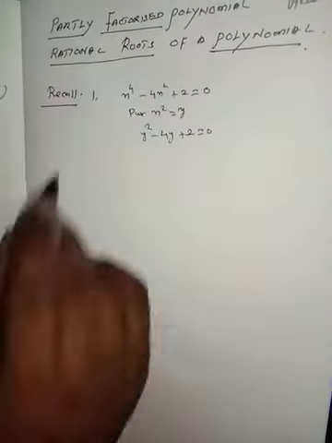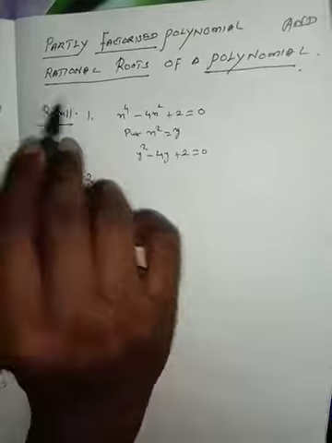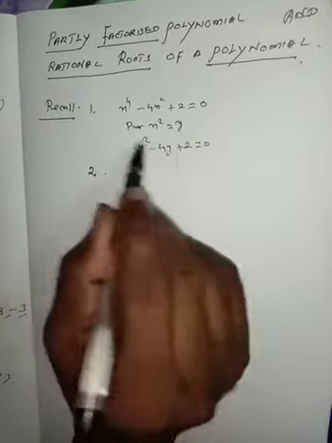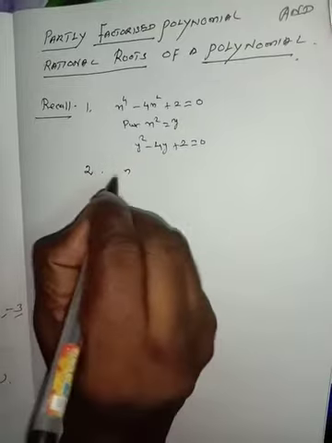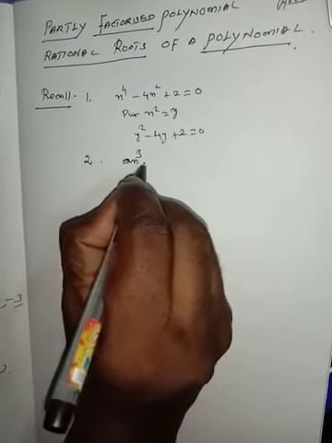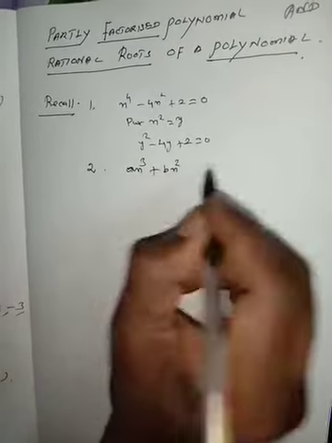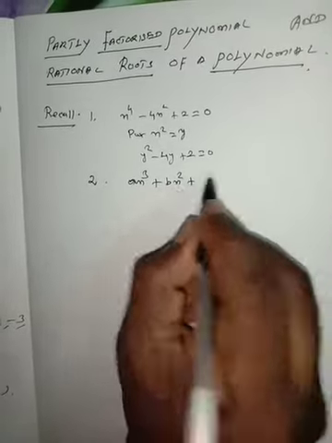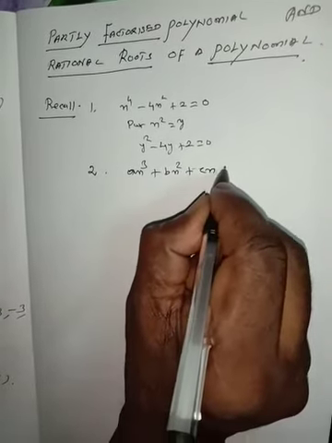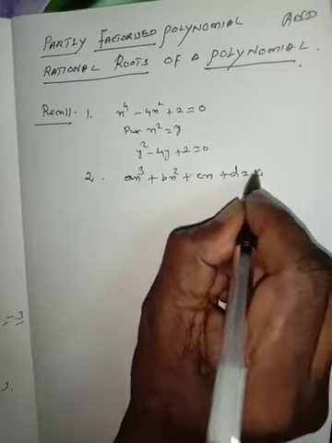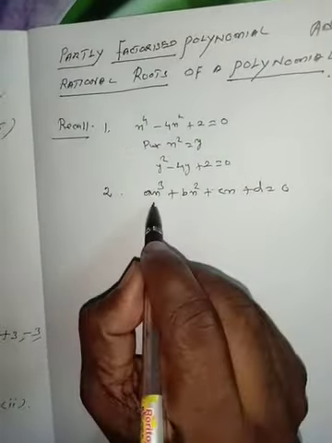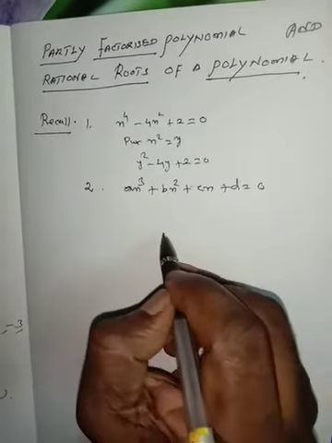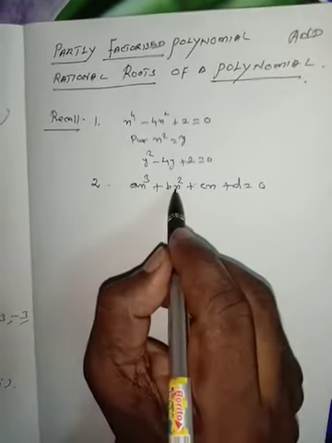Number 1. Number 2, rational roots of a polynomial. Suppose a third degree equation ax power 3 plus bx square plus cx plus d is equal to 0 is given. In this equation, the higher degree is 3, therefore there are 3 roots.